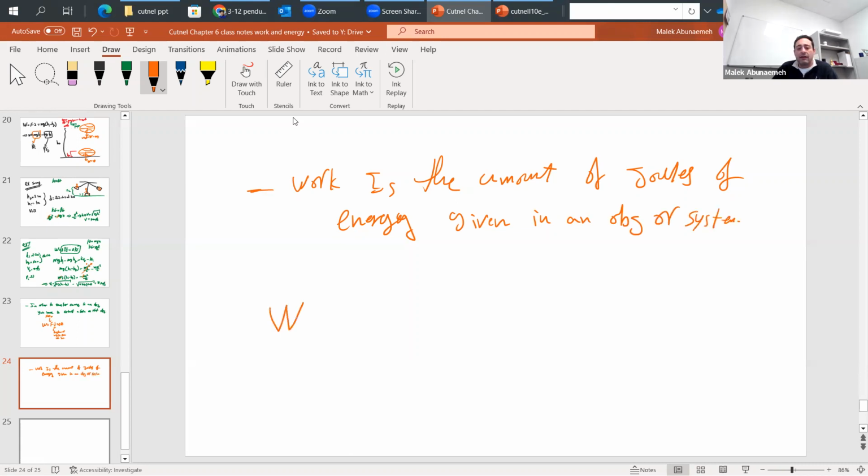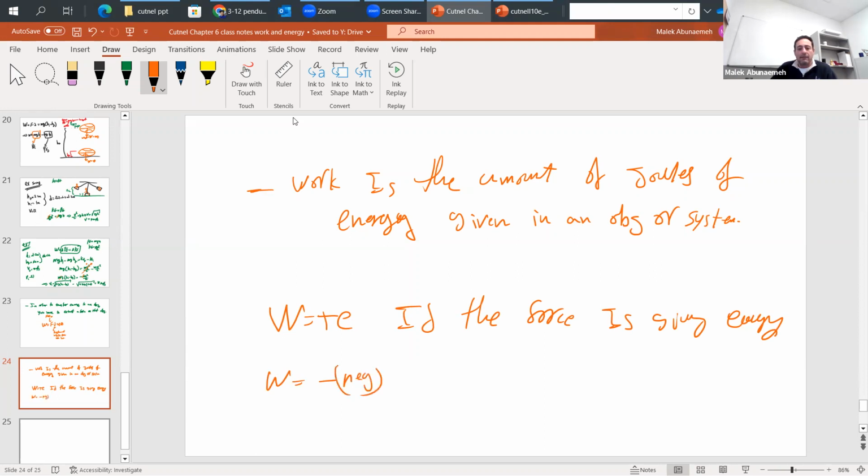Your work is going to be positive if the force is giving energy, and your work is going to be negative if the work is taking energy.